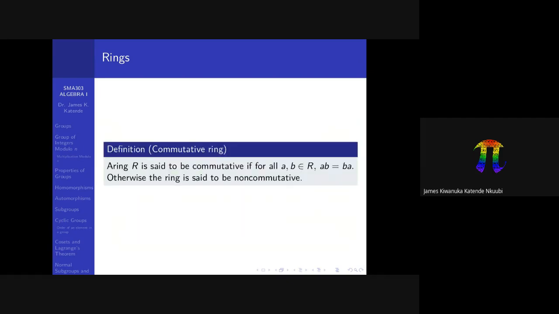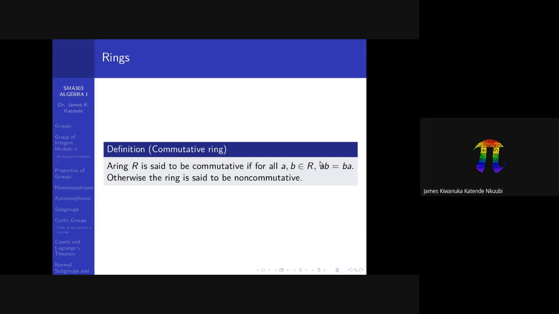So there's a special ring which we call the commutative ring. So we'll define it. A ring R is said to be commutative if for any two elements a and b in the ring, the multiplication is commutative. Remember, under multiplication, a ring is only required to satisfy two properties, that is closure and associativity.